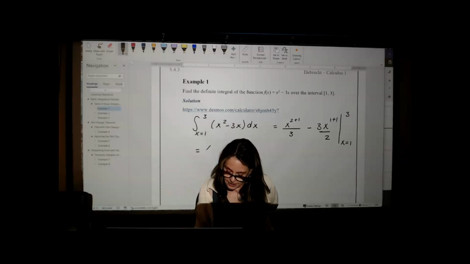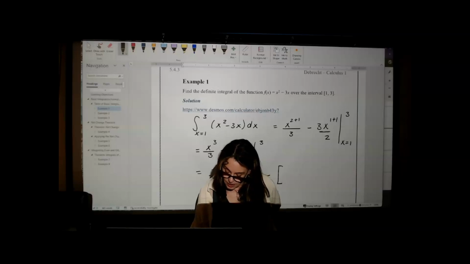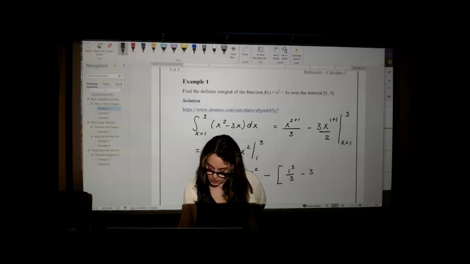I can rewrite this as x cubed over 3 minus 3 halves x squared, evaluated between 1 and 3. I can then write this as 3 cubed divided by 3 minus 3 halves times 3 squared minus, and then I can open up and write 1 cubed divided by 3 minus 3 halves times 1 squared.